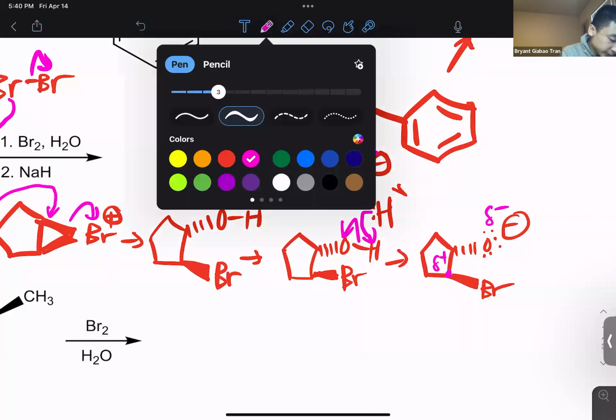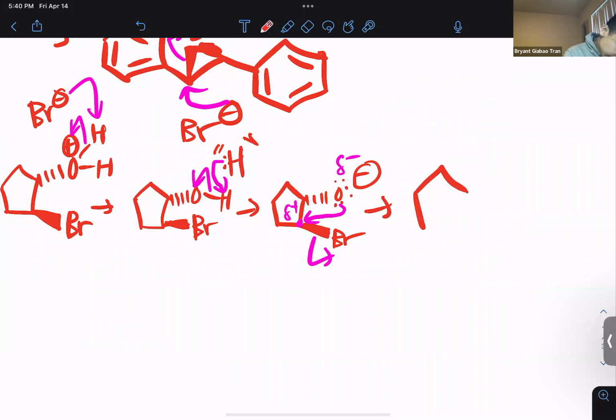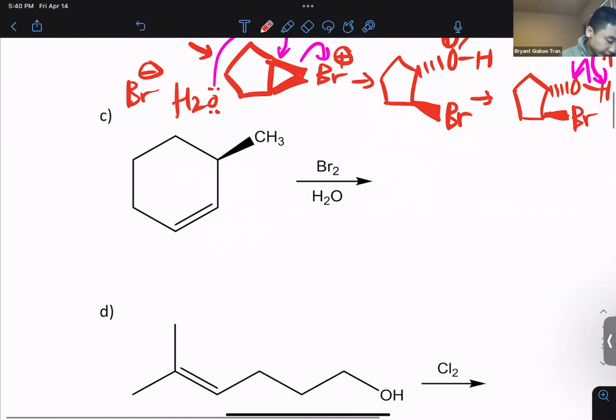This is going to be like Williamson ether synthesis from 118A, where this nucleophile will attack that carbon, kick out the good leaving group there, and then give us this product here, epoxide, plus the enantiomer version of it. Okay, let's go over the next problem here.